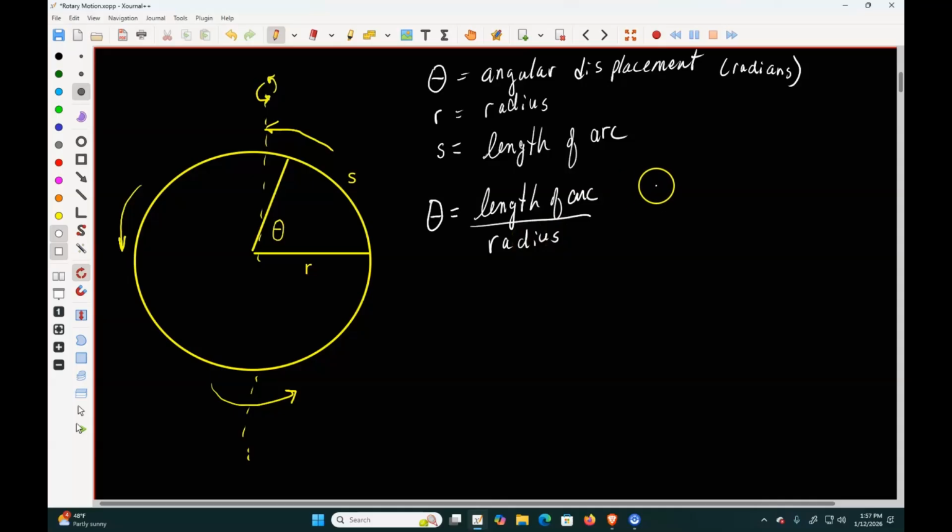So theta is going to equal S over R. Oftentimes we'll say that S is equal to theta times R. Let's go ahead and save this here because this is important. We'll be using this in the future.